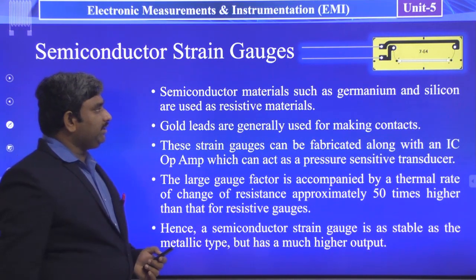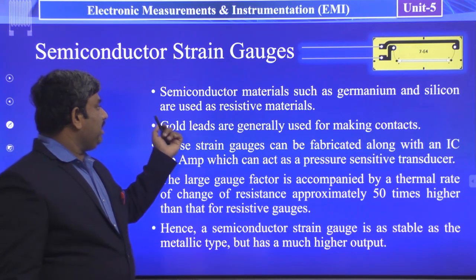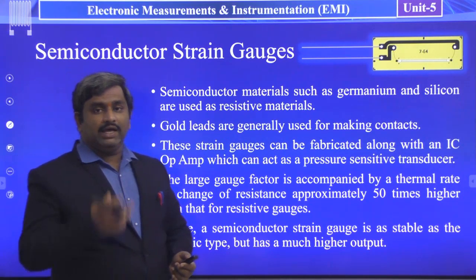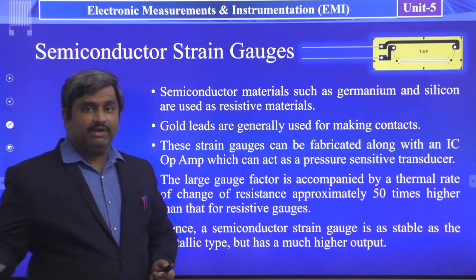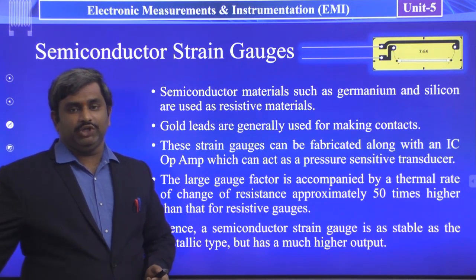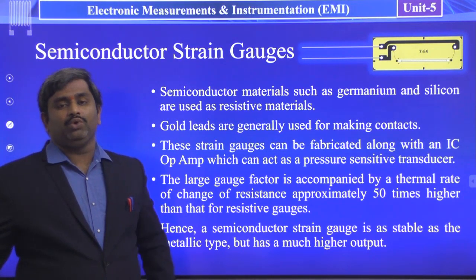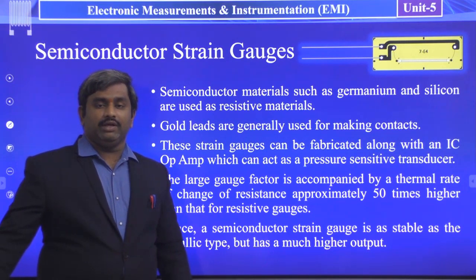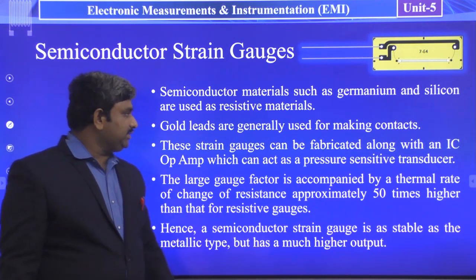Semiconductor materials such as germanium and silicon are used as the resistive material, in the form of wires or foils.